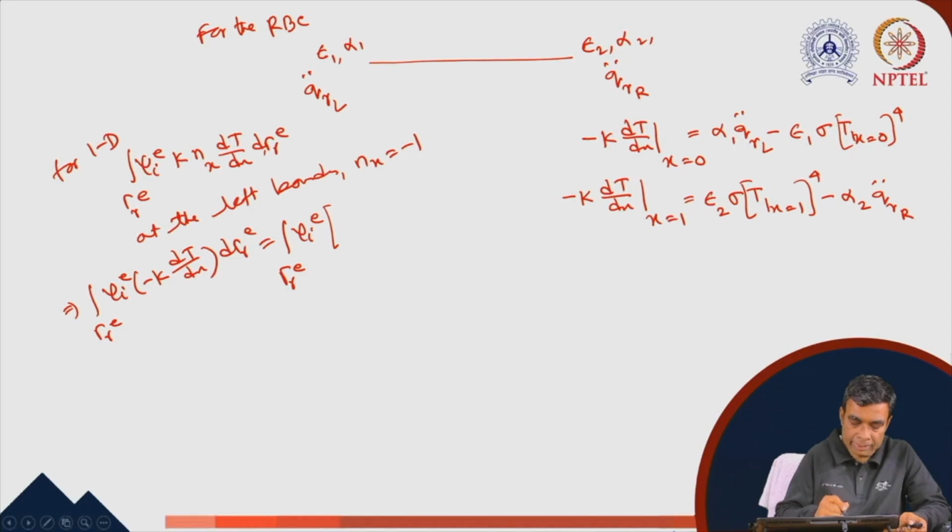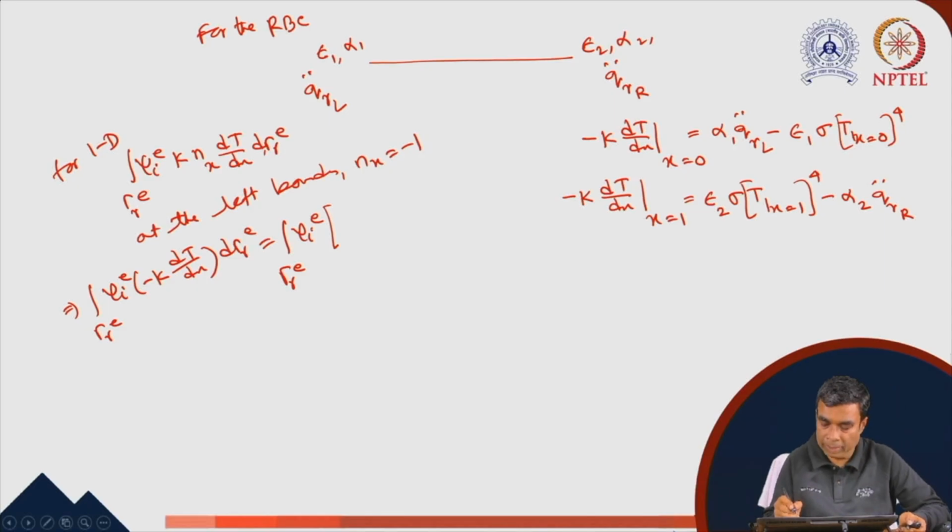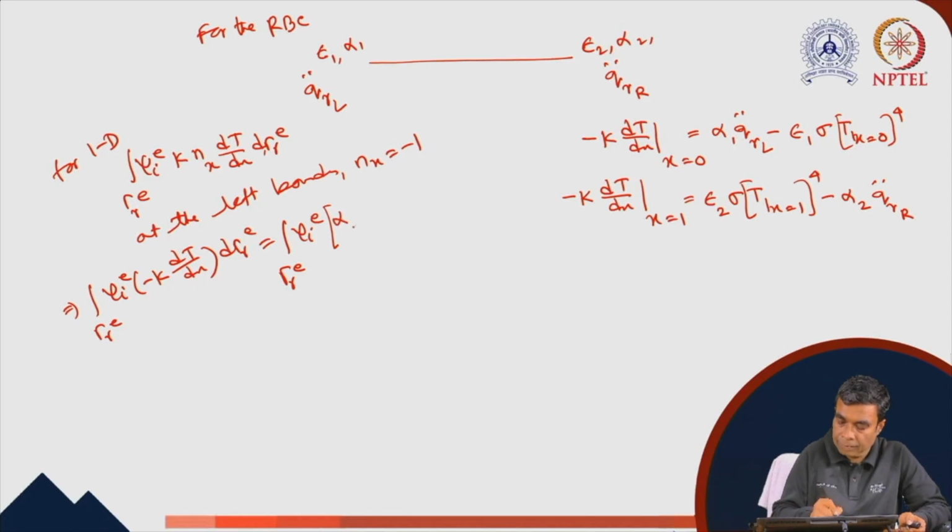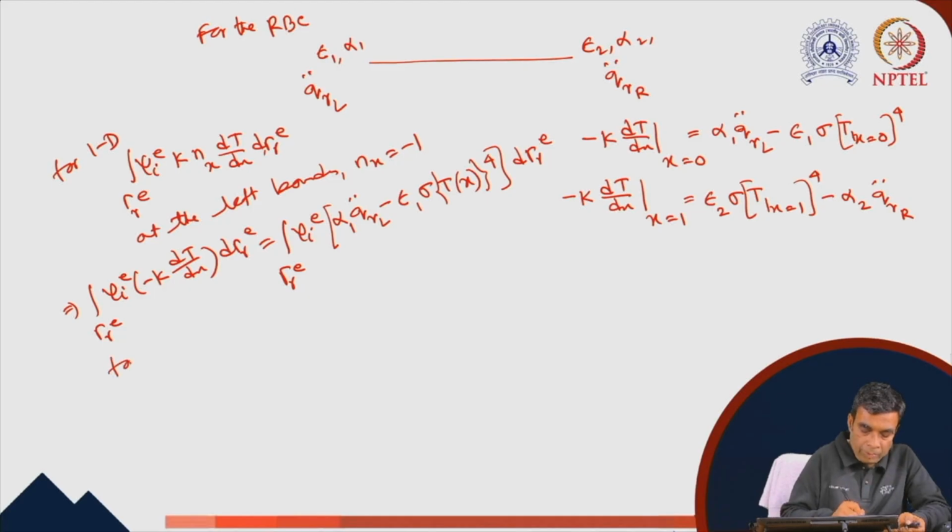Now minus k dT/dx for the left boundary is alpha 1 Q_RL double dot minus epsilon 1 sigma into T(x) to the power 4 dΓ_RE.